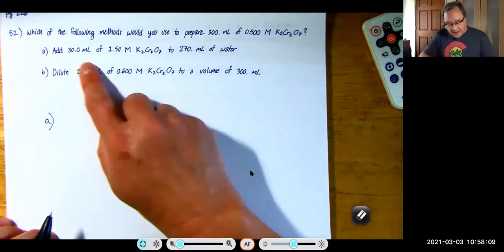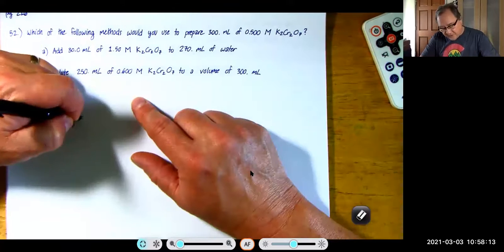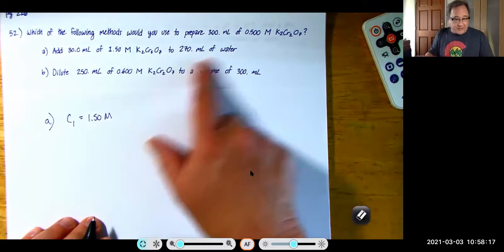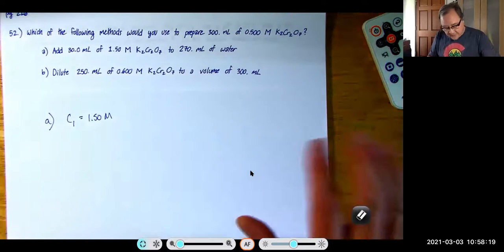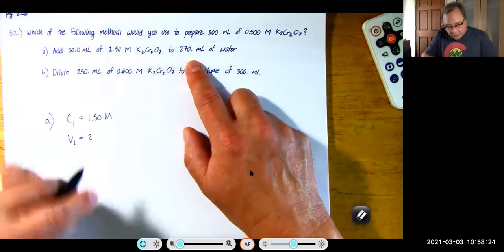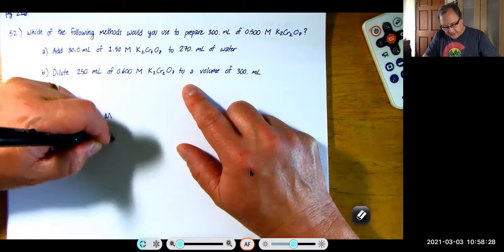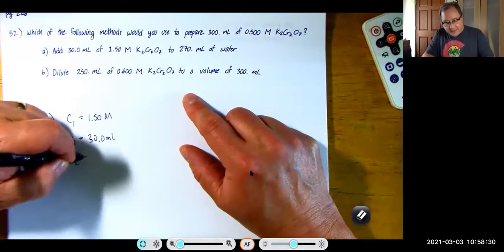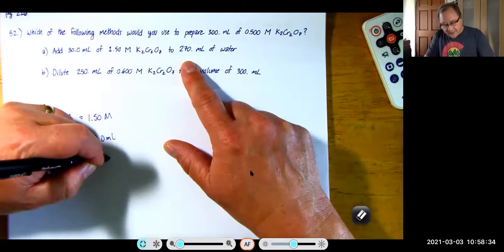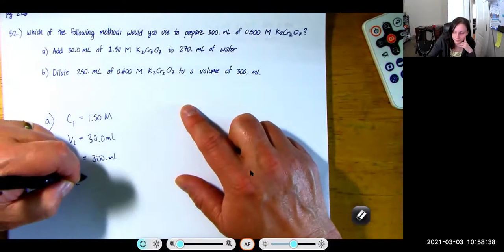So here for A, what is C1? C1 is going to be 1.50 molar. I'm going to leave off the compound because we're talking about potassium dichromate for this whole problem. V1 is going to be 30 milliliters. V2 should be 300 milliliters, right? Because we had 270 plus 30. And C2 is the question.